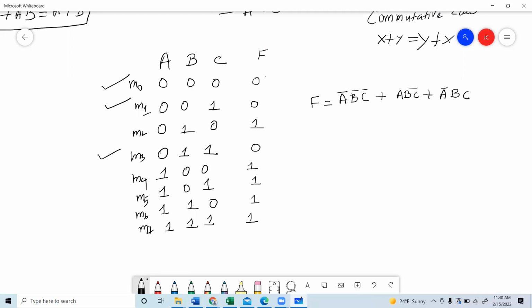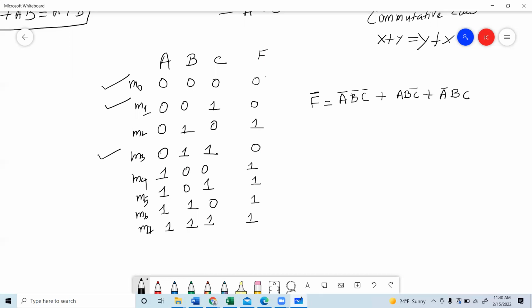This is exactly the opposite of the other way. This is still not called a product of sums. This is still looking at the min terms, and for 0 I'm writing it. I will go with the product term. Here we will write a complement function, because it is F bar.